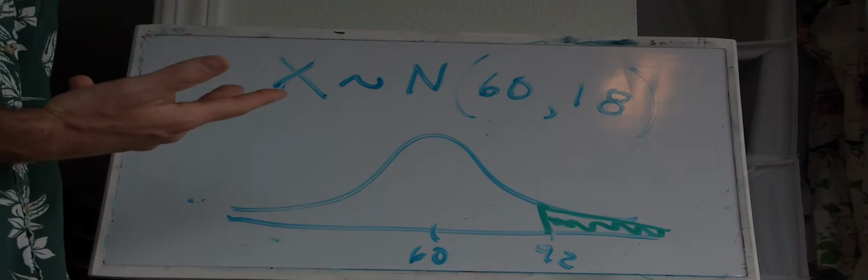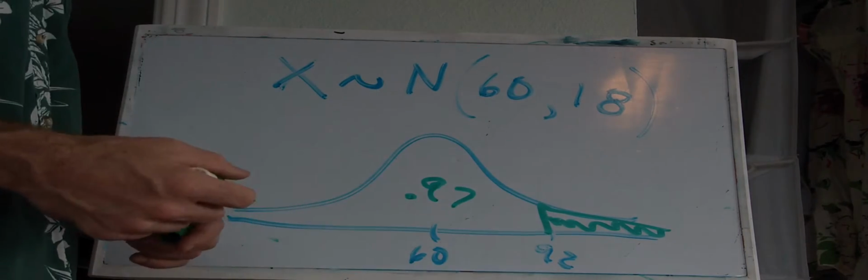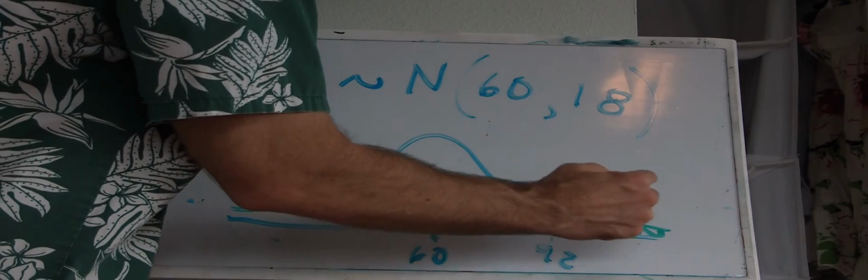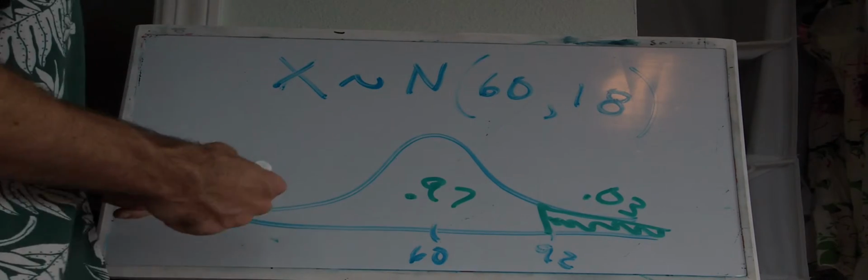But I have a particular wisdom about this, which is that the total probability of something happening has to be equal to 1. And if that's true, if this is approximately 97%, then that's going to tell me that this area has to be about 3%. So the function I would use in Excel is something like this.